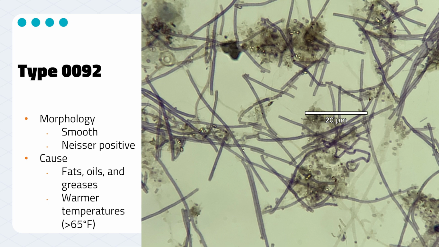When we see foaming events with type 0092, it tends to happen in warmer conditions. And this is largely because when it's warmer out, type 0092 outcompetes its sort of sibling filament, which is Microthrix parvicella, which we will talk about a little bit later.